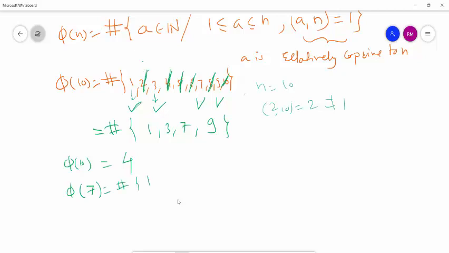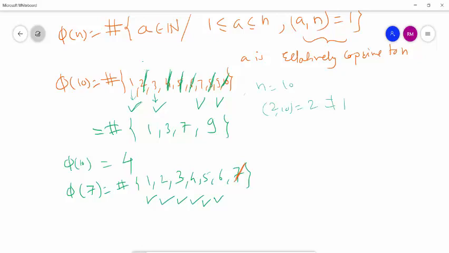Similarly phi of 7. Again check the cardinality for 1, 2, 3, 4, 5, 6, 7. GCD of 1 and 7 is 1, select it. GCD of 2 and 7 is 1, select it. 3 and 7, select it. 4 and 7, select it. 5 and 7 also GCD 1. 6 and 7 GCD 1. 7 and 7 GCD is not 1, it is 7, so we reject this last element.